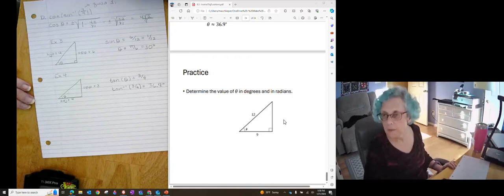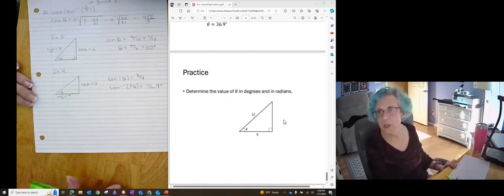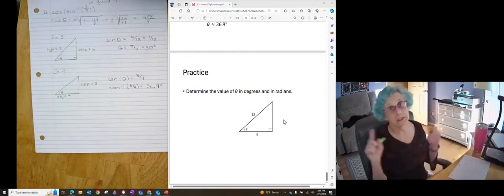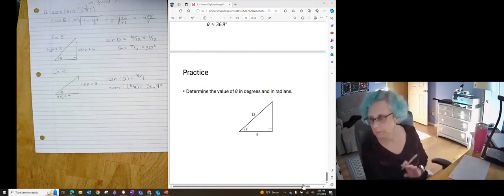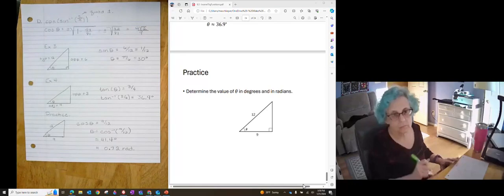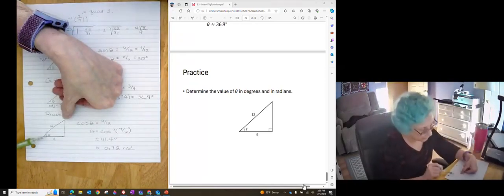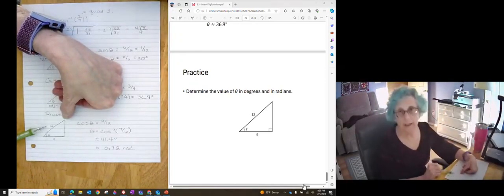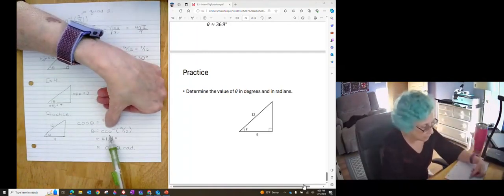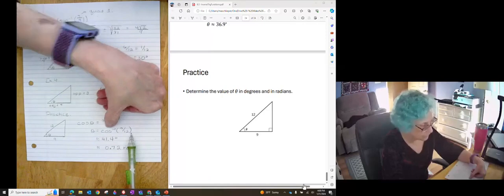And here's the practice problem. So determine the value of theta in degrees and in radians. So this one we had adjacent and hypotenuse, so we use inverse cosine of 9 over 12.